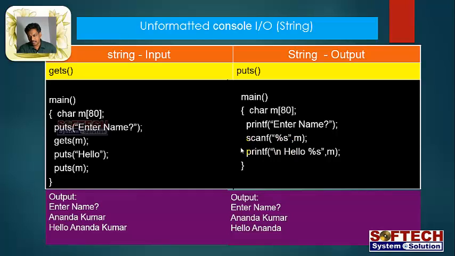If we enter input in gets, a single line is one input. So for Ananda Kumar we can give any number of words. This is a single input to gets. If we press enter, it understands this is the end of the input. In scanf, the enter key does not indicate the end of input.